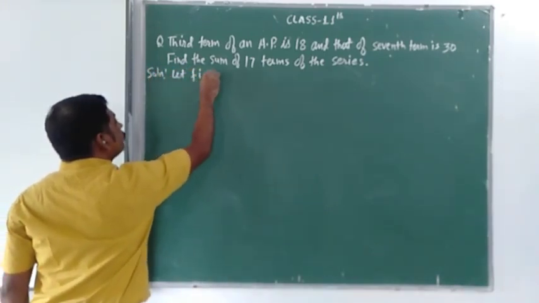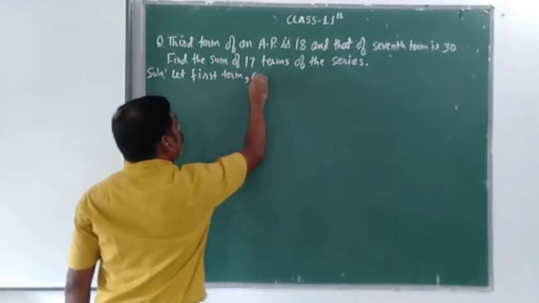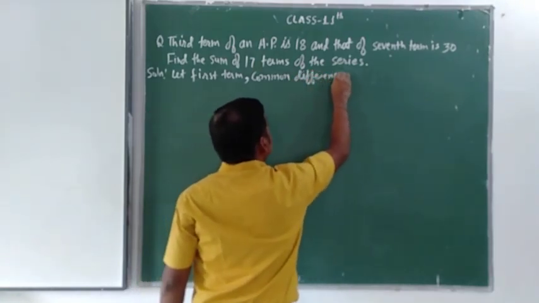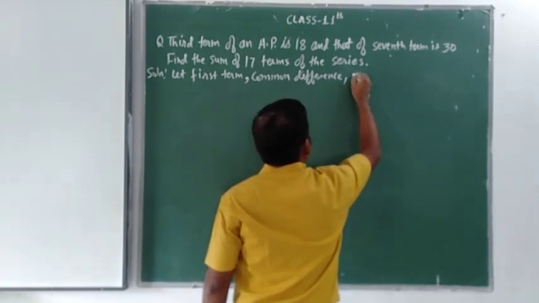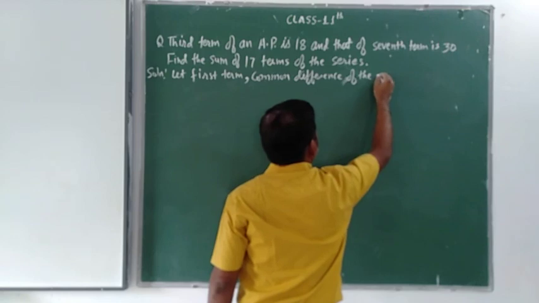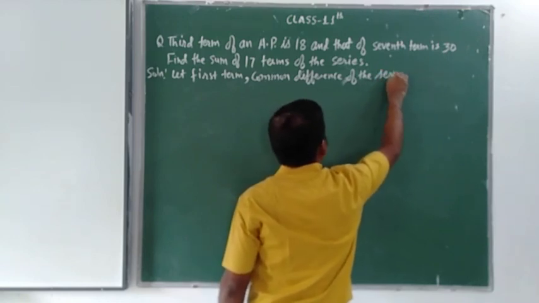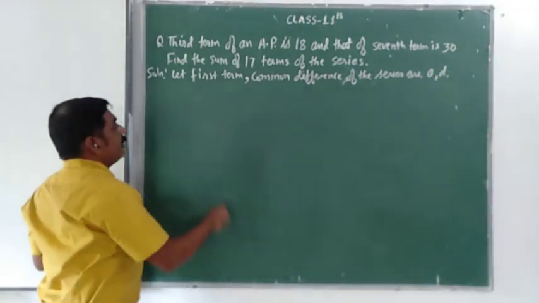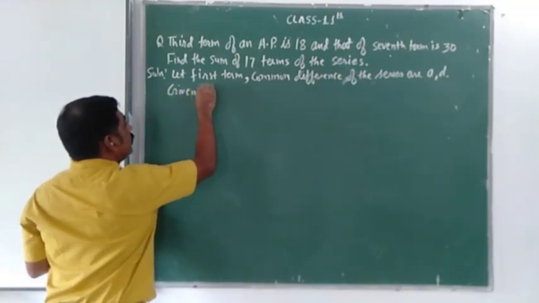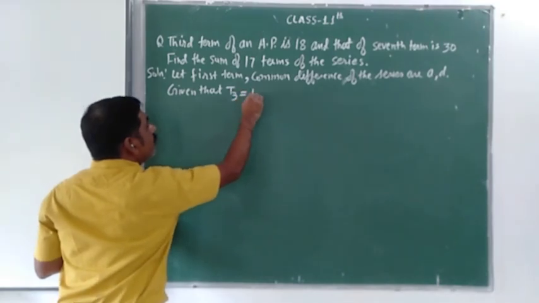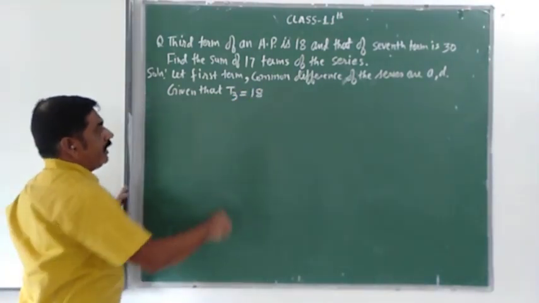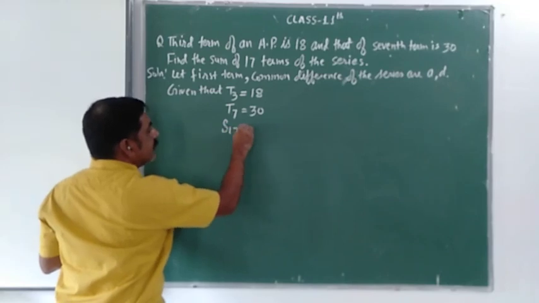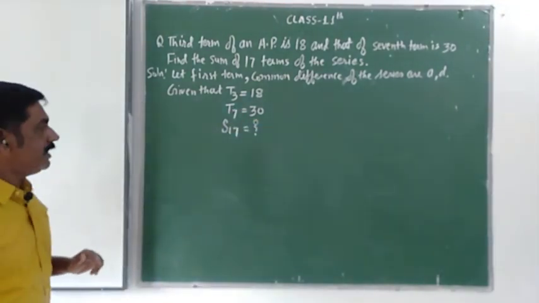Let the first term and common difference of the series be A, D. We have given that T3 is equal to 18, and T7 is equal to 30, and what we have to find is S17.